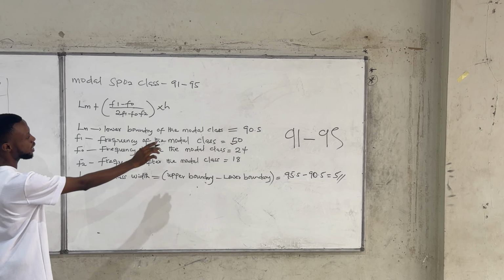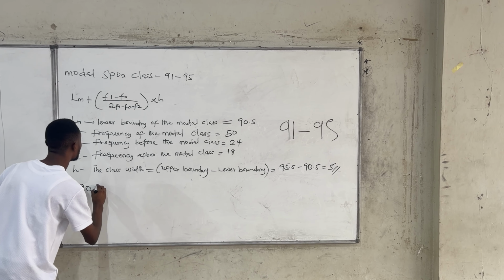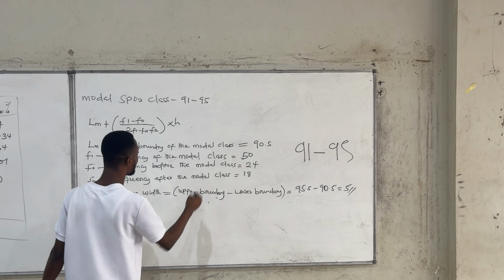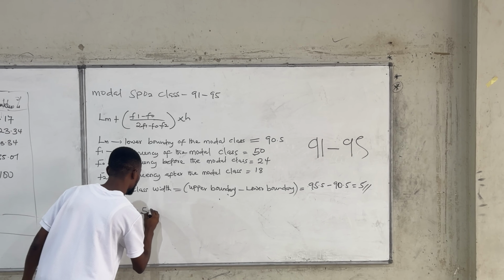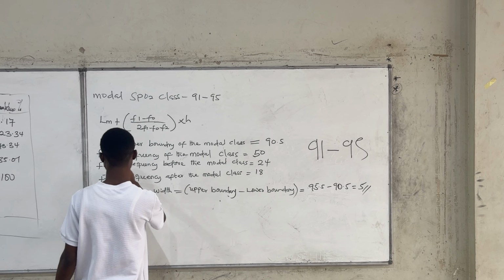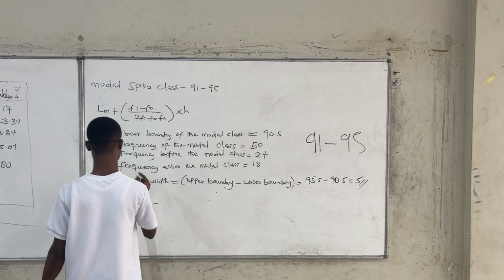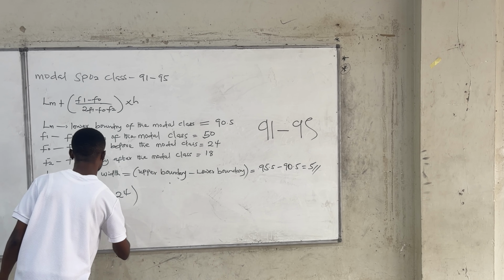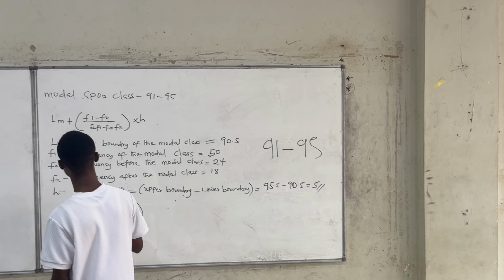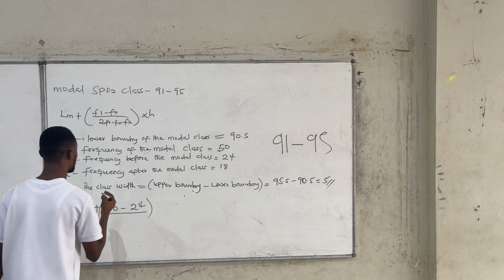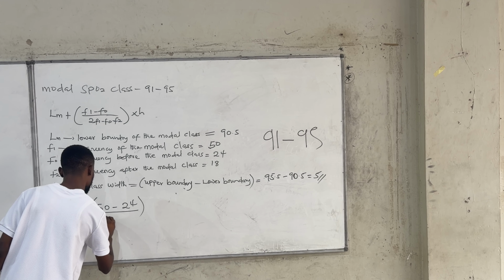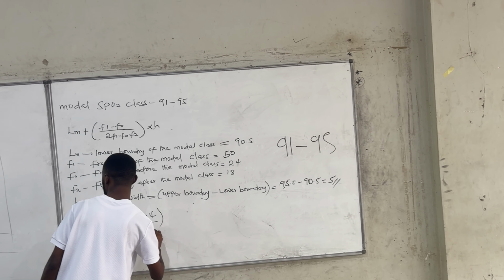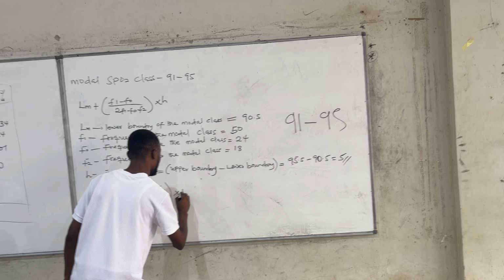So the lower boundary, we had 90.5, plus the F1, the frequency of the modal class, which is 50, minus the frequency before the modal class, which is 24, divided by 2 bracket 50, minus 24, minus 18, times the 5.